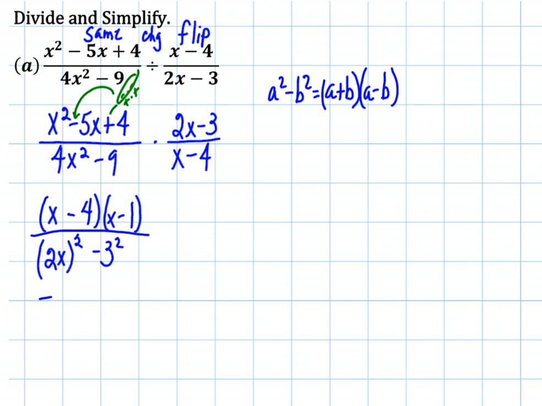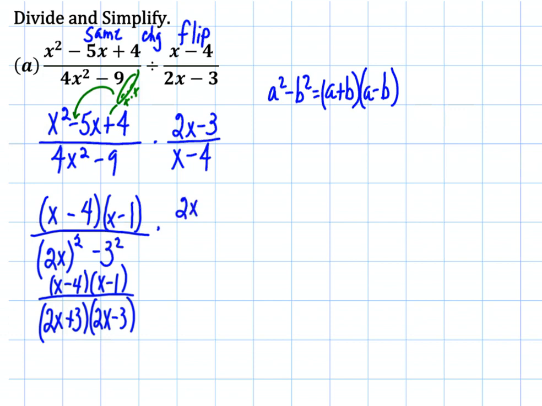So in other words, this would be 2x plus 3 and 2x, if we follow that rule, minus 3. At the top, we have our x minus 4 and x minus 1. Now let's go over to the right and fill in.